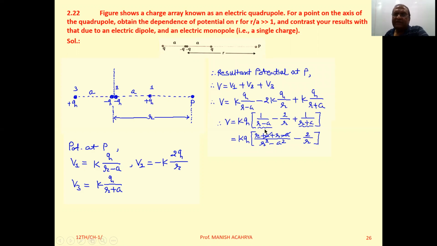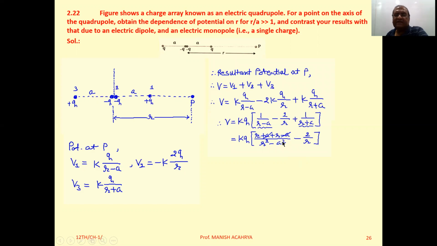Now first solve these two terms with r minus a and r plus a by taking LCM. So r plus a plus r minus a upon r square minus a square, minus 2 by r as it is.